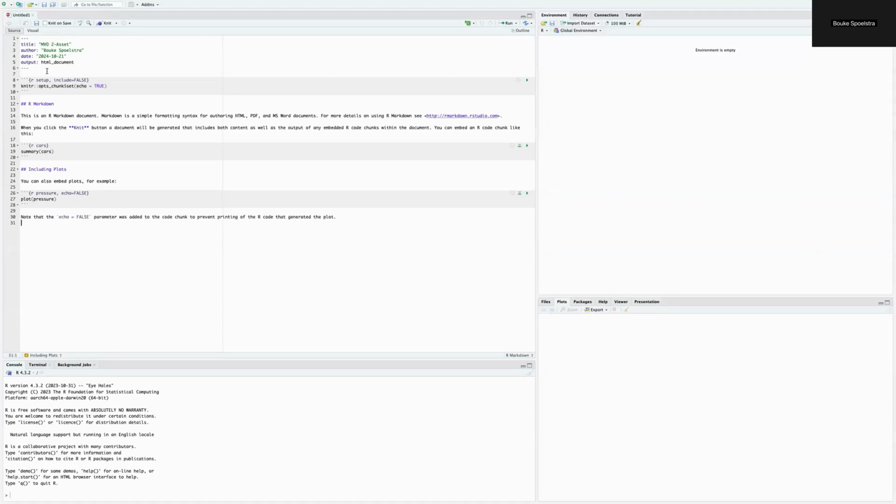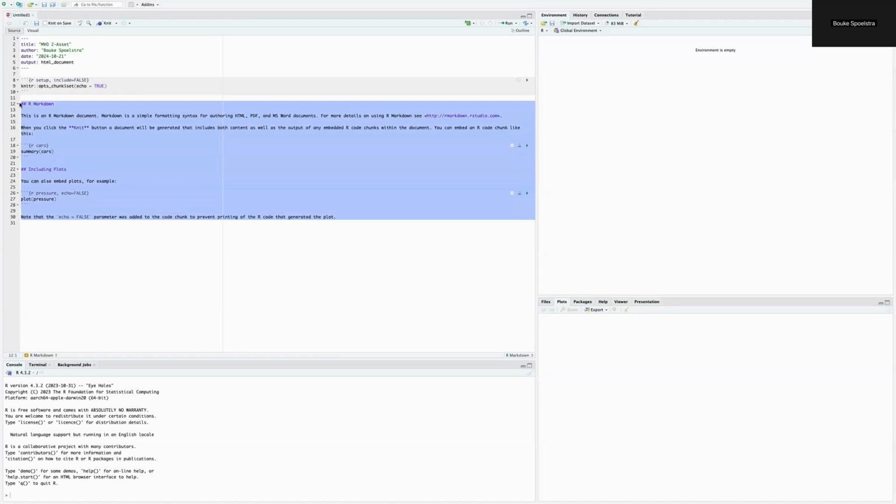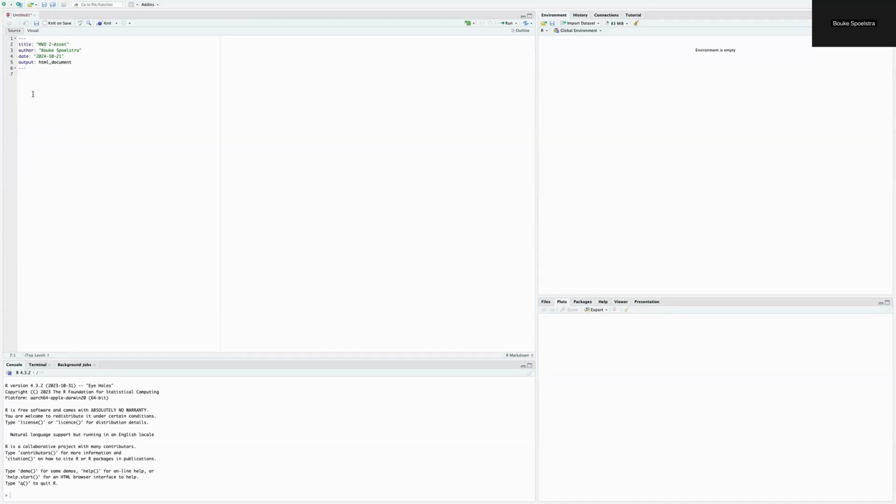You can set the output to HTML document for now. And then that will generate this R Markdown file with a bunch of code that you can go ahead and delete everything up to this. You have to leave the first 6 lines of code. And you can actually modify within this to set things like a table of contents or things like that.